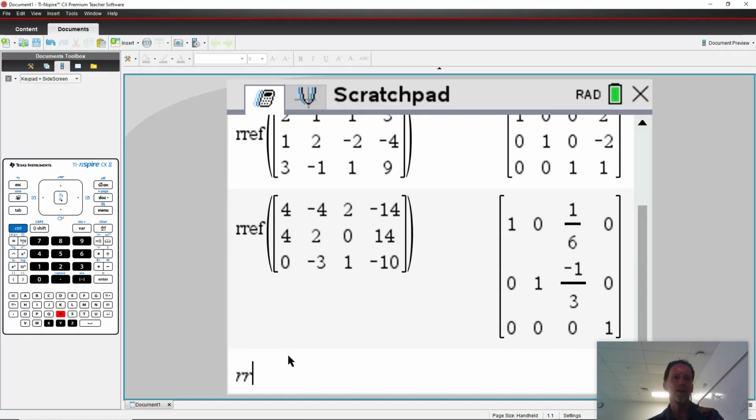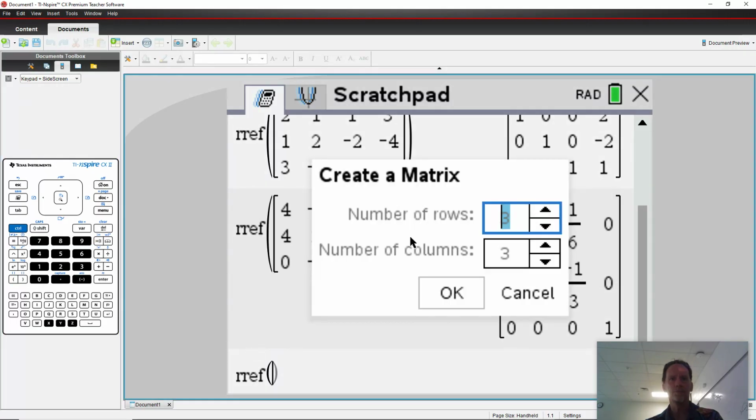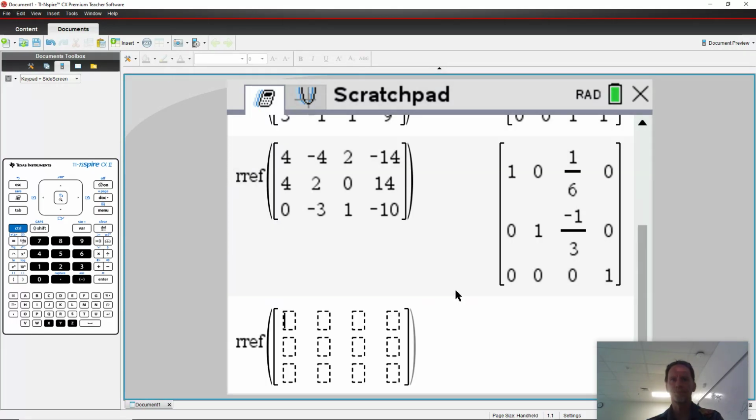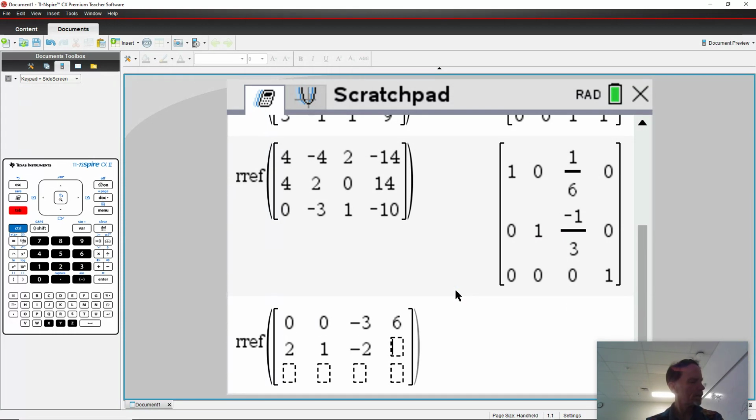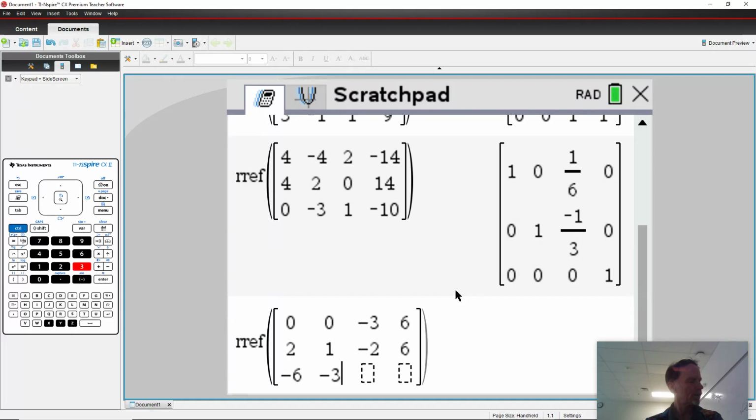The other special case, let's say you're doing one and the matrix comes out to be this. Let's see, got to get my matrix in there. So let's say it's 0, 0, -3, and 6. So let's say that turns out to be your matrix.